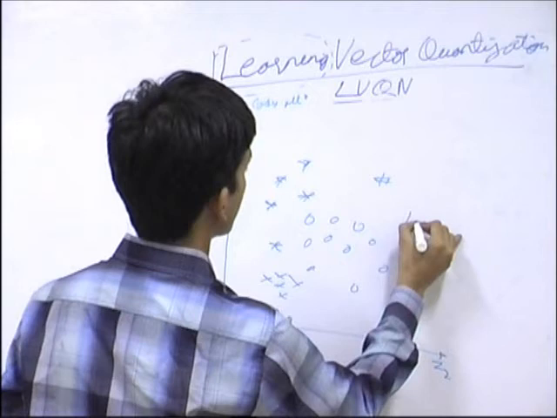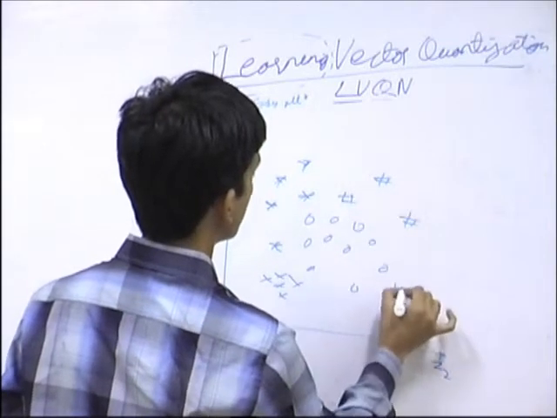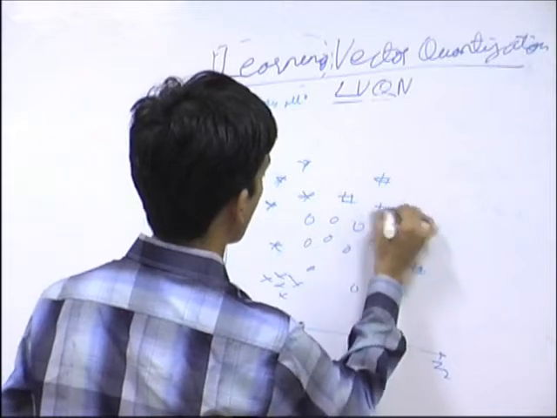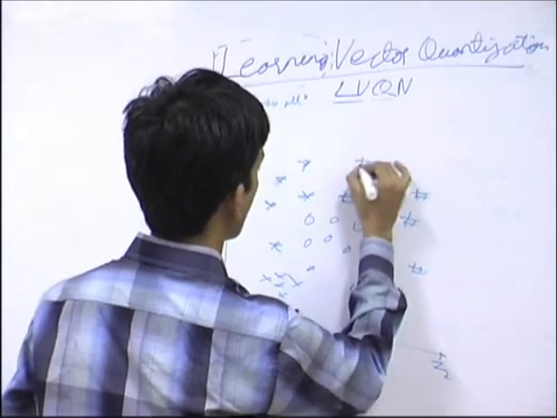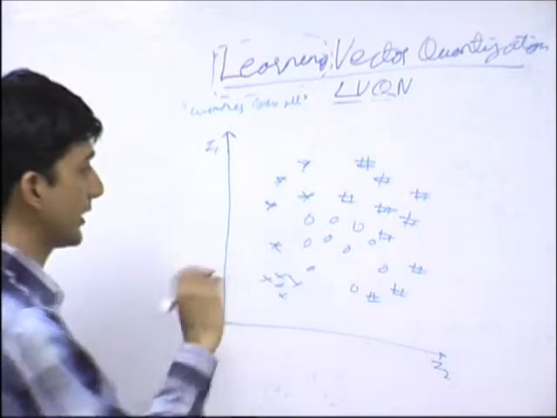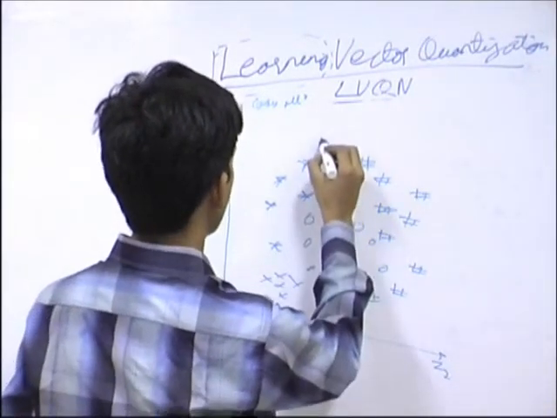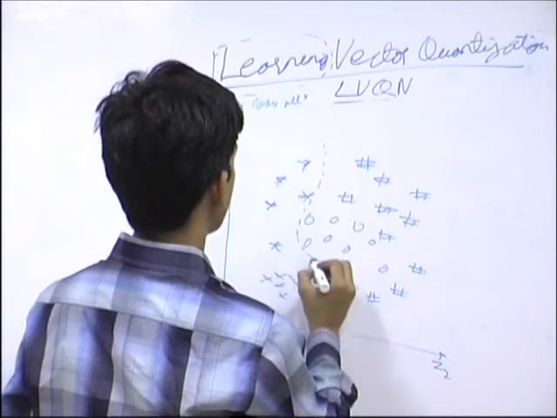Let me say this was where my third class is to be found. And of course they are intermingling with each other. I don't know whether I can ideally frame a decision boundary, but the decision boundary would ideally come out to be like this.